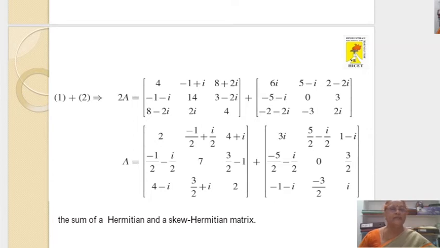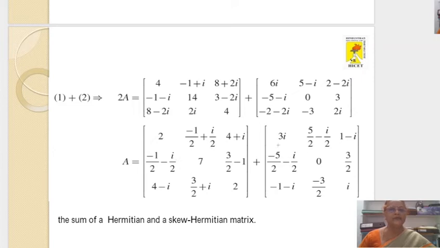Here this is the sum of Hermitian and skew Hermitian matrices. How do we know this is Hermitian and this is skew Hermitian? There is a property for Hermitian: the diagonal elements will necessarily be real. By that property, we decide it is Hermitian.